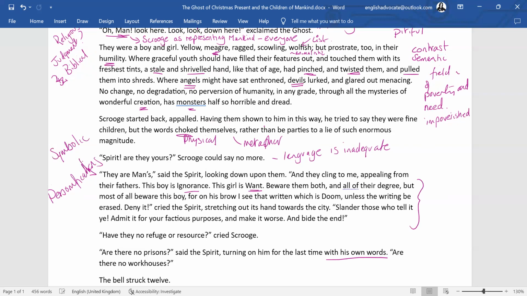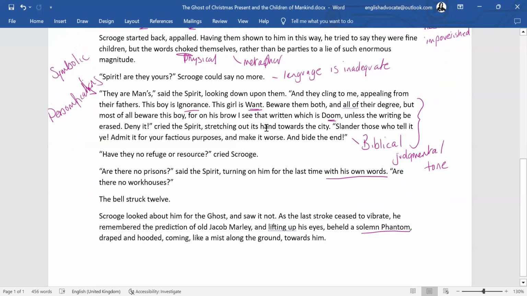Don't ignore poverty, ignore want, because actually, if you do, you will face doom, you will face judgment. And this language takes on a decidedly biblical, judgmental tone. Scrooge is being warned in no uncertain terms that his behavior has not been Christian and he needs to change.